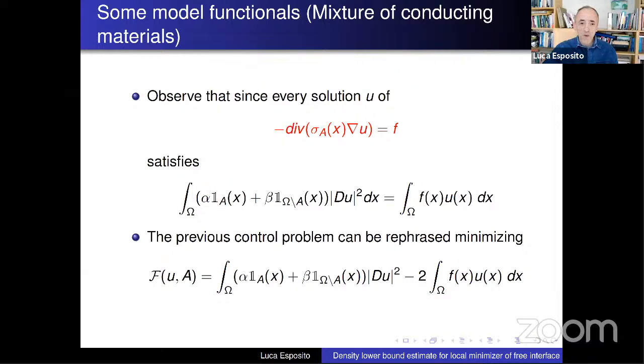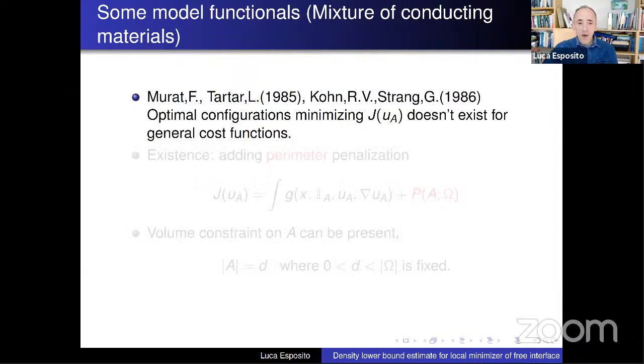This was proved by Murat and Tartar and by Kohn and Strang in 1985 and 1986. They proved that an optimal configuration minimizing the cost functional does not exist for general cost functions. So there is a problem of existence.